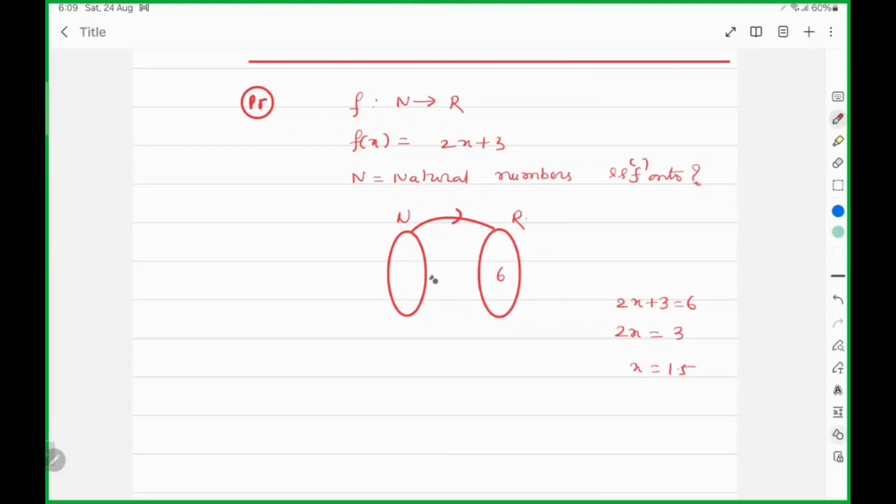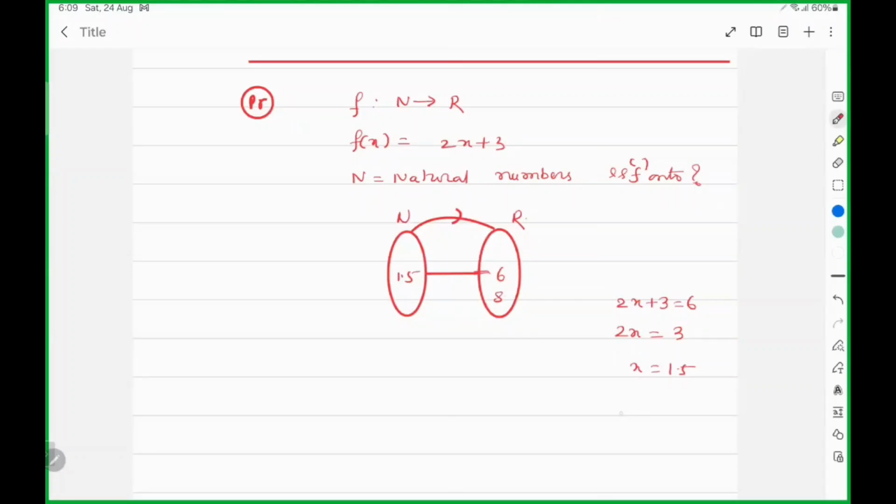For real number 6, the pre-match is 1.5.